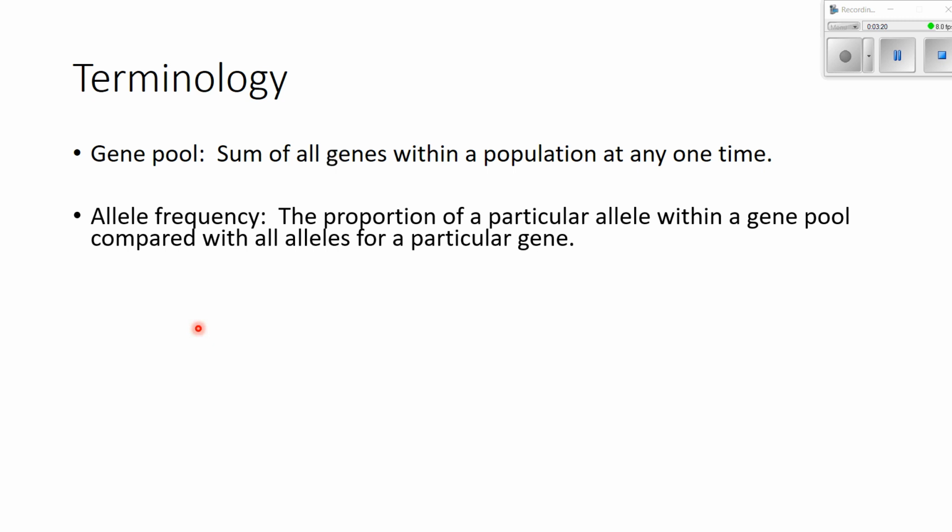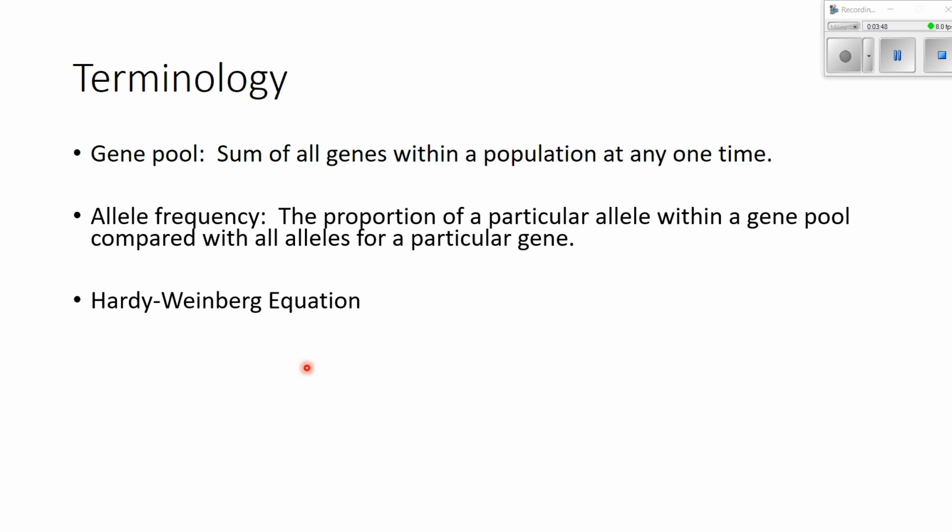So let's say we're talking about pea plants, and we're talking about tall and dwarf pea plants, so big T for tall and little t for dwarf. And so let's say you've got hundreds of pea plants in a garden. The gene pool would be like, out of all the genes for height, what proportion of them are big T? And what proportion are little t? And again, that'll make a little more sense when we start looking at examples.